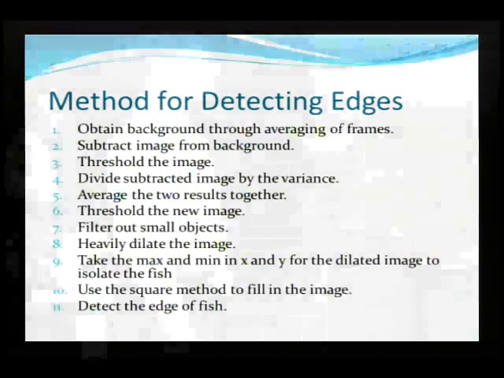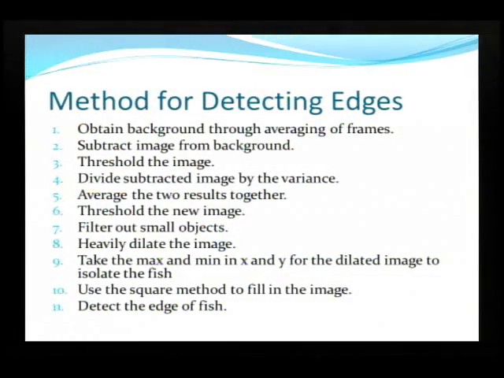All right. For my method of detecting the outline, first I obtained the background by averaging all the frames, and then I subtracted the image from the background. After that, I thresholded the image, and some of the fish weren't appearing, so I divided the original image by the variance, and I averaged that with the previous result and thresholded it again to get the new image.